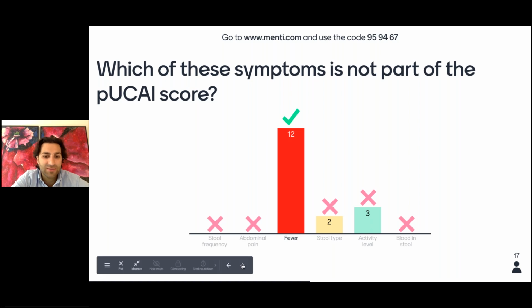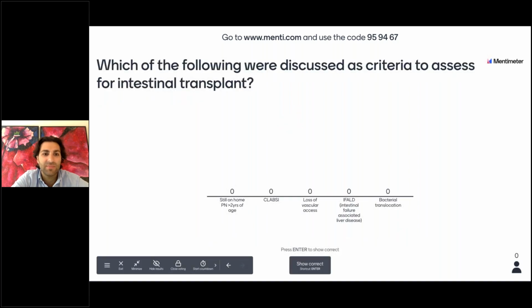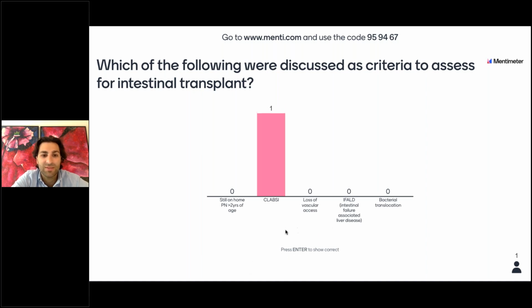And our next question is, which of the following is a criteria to assess for intestinal transplant? It's two of them.